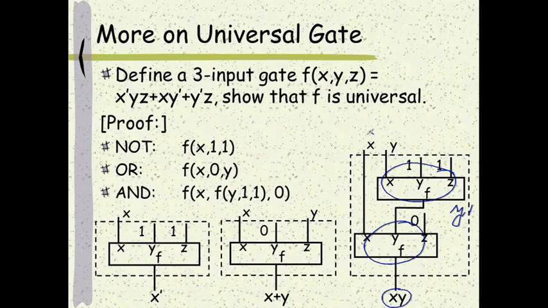And from outside, you see x, y coming in, and x times y coming out. So this is the logical AND. And because I can implement logical AND, logical OR, and inverters using this f, I know that f is universal. And I can use f to implement any kind of Boolean functions or any kind of digital systems.